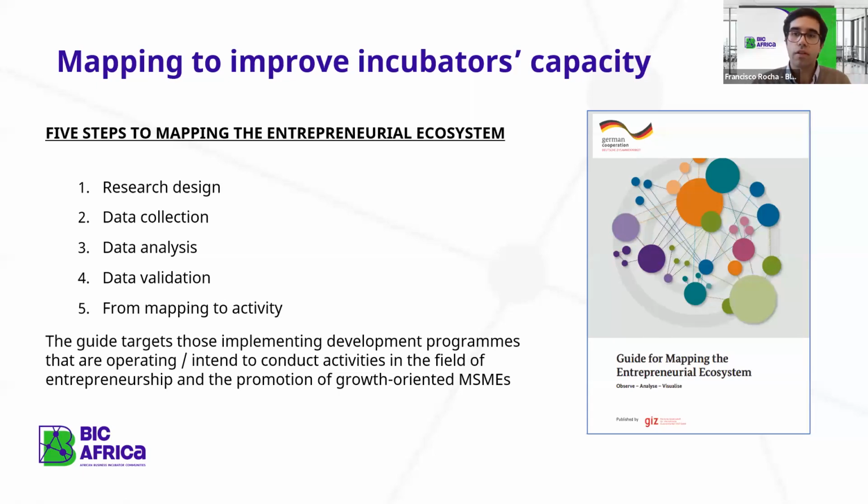This includes, for example, a list of indicators that you can use, information on data sources, samples of questions or structured interviews, or how to develop relevant workshops to try to map as best as possible the entrepreneurial ecosystem. The 5 steps that are described in the guide are those that are listed on the slide.